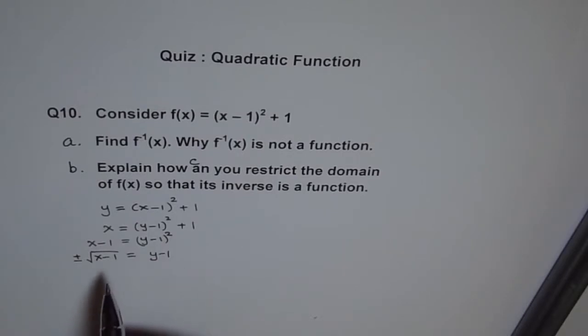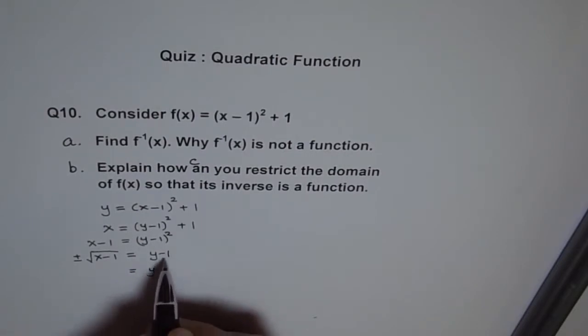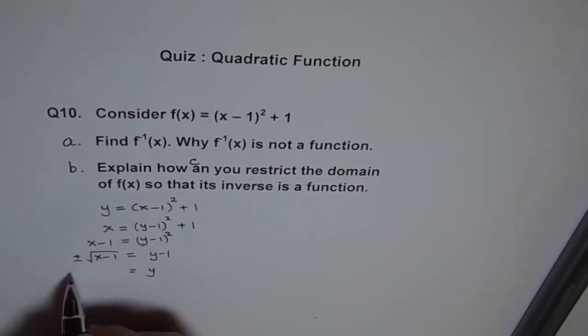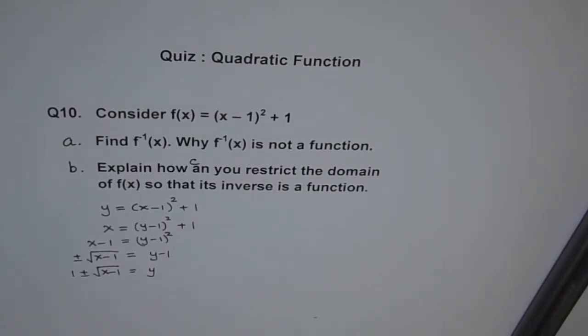Look for my video on why the square root of x squared is absolute x. So whenever you square root it, you should write plus and minus of this, correct? And now from here I can write y equals, let me bring 1 to this side, 1 plus or minus the square root of x minus 1, correct?